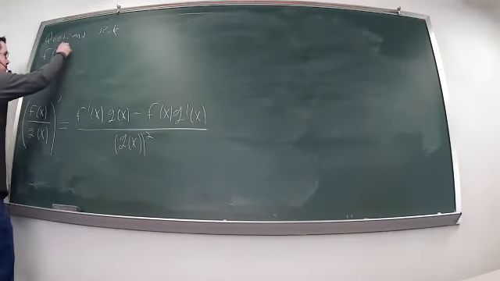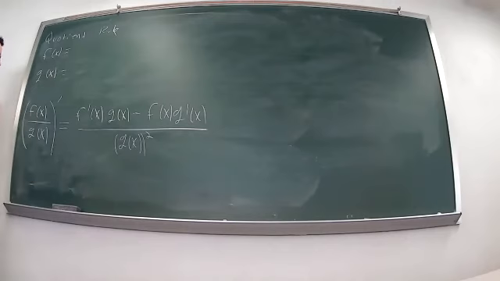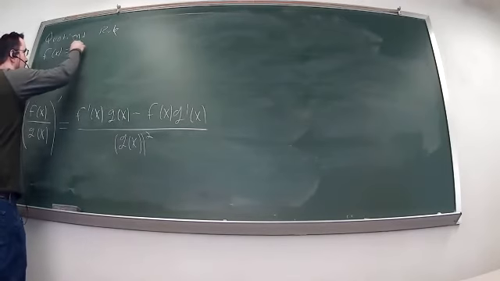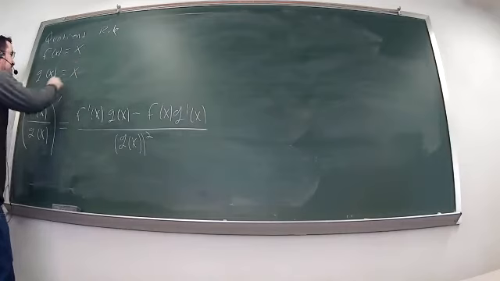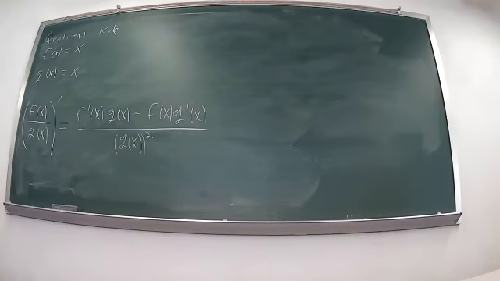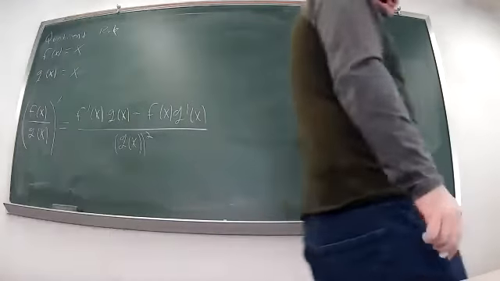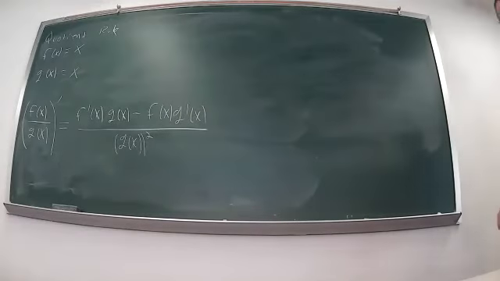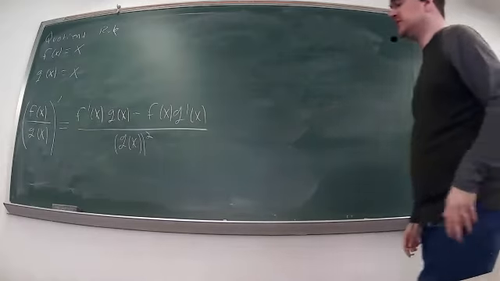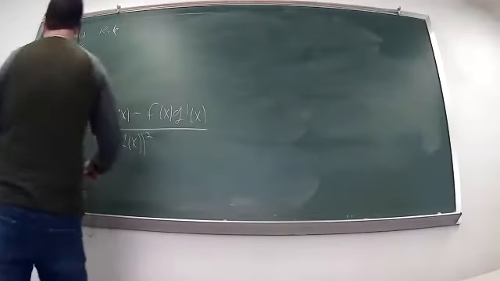Let's do examples. So let's start simple. Let's take f of x equals x, g of x equals x. So these are two differentiable functions. And we know x over x is equal to 1. So we know the derivative should be equal to 0. But let's check it out.